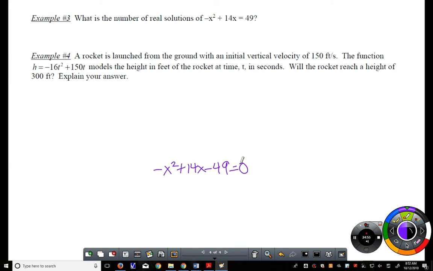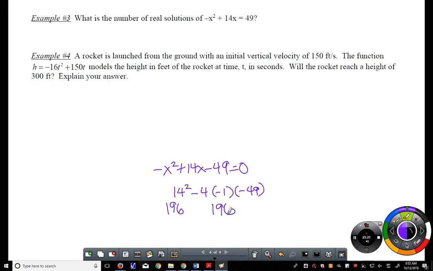I don't need to actually go find them then. I just need to do the B squared minus 4AC, the discriminant, to know what's happening. So B squared minus 4 times A times C. So 14 squared is 196. Okay. And 49 times 4 is 196.